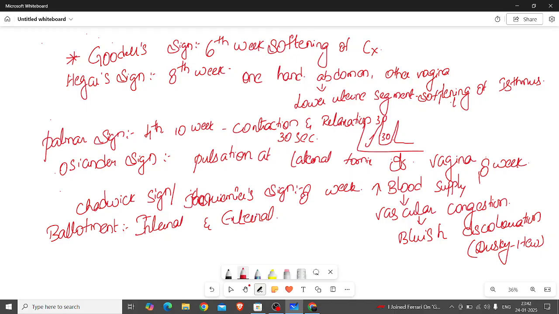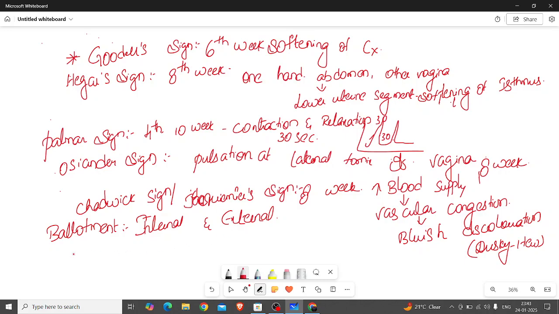Then the other hand is placed on the other side. The baby slowly moves to the other side and touches the abdominal wall, and we feel it with our other hand, and it bounces back to its normal position. So it is known as external Ballottement.